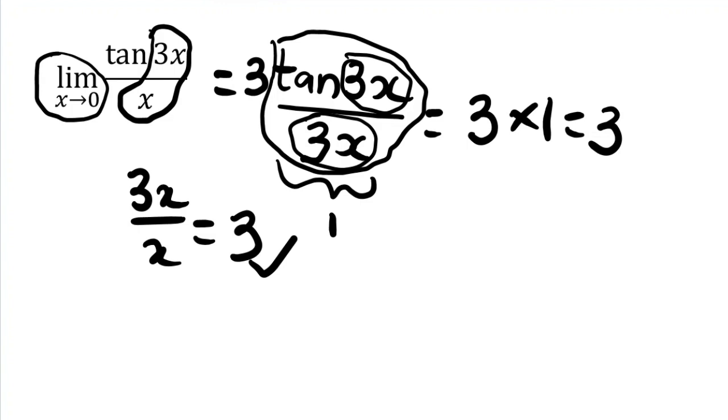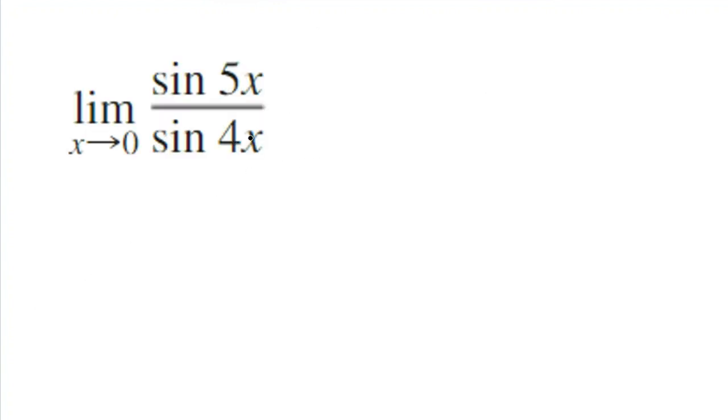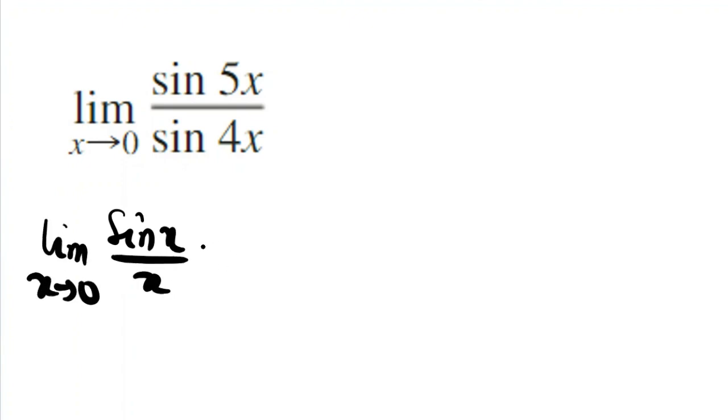I have this example first: the limit of sine 5x over sine 4x. What will be the answer? What I first want you to note is that if you have sine x over x, the limit is equal to 1.